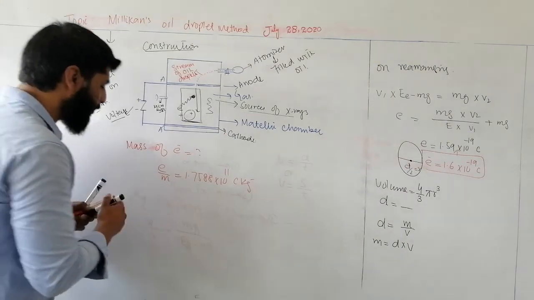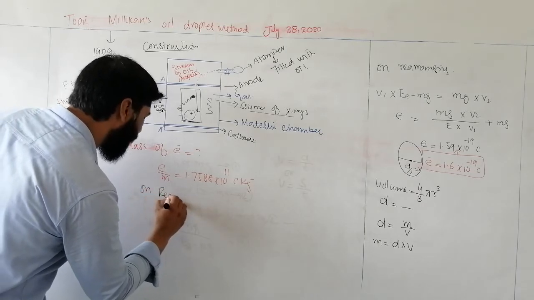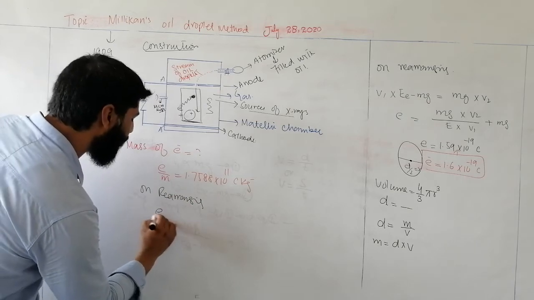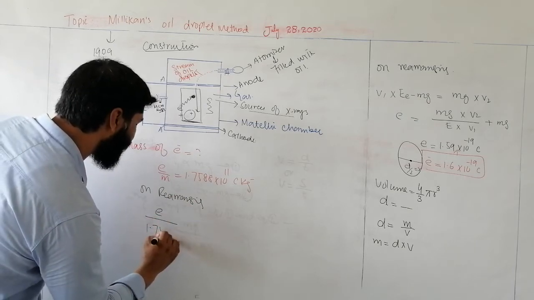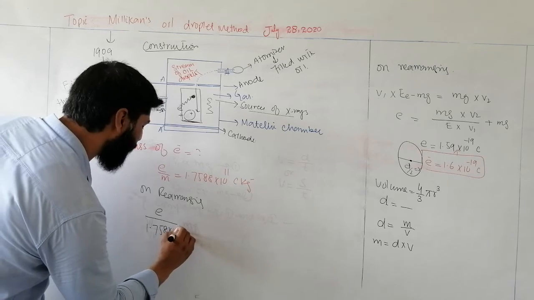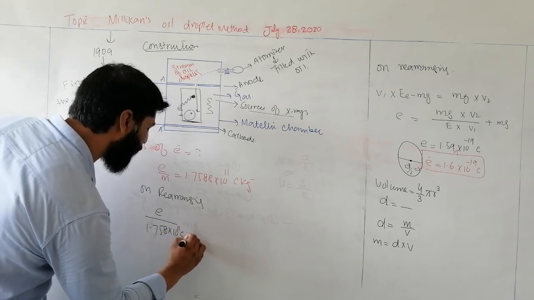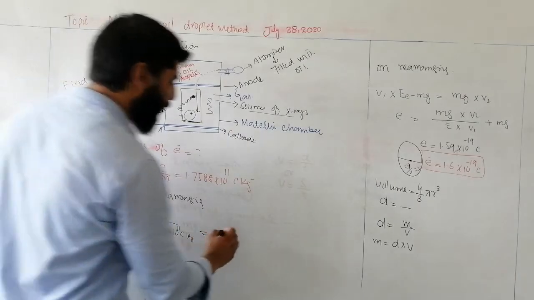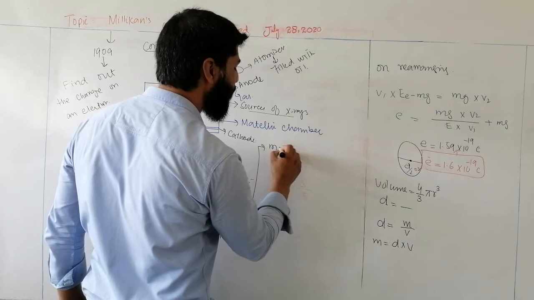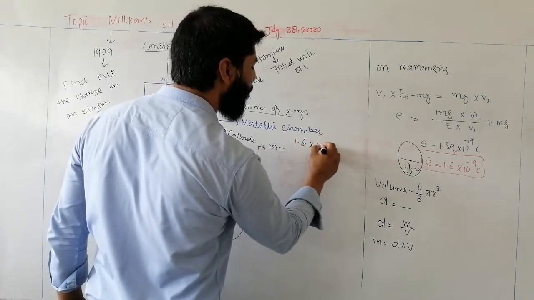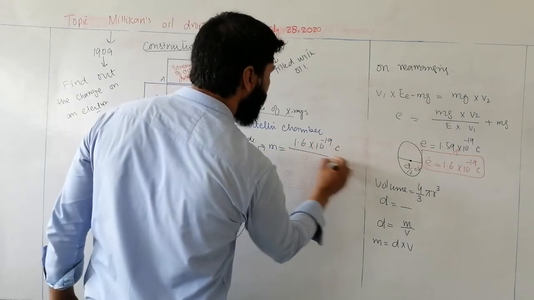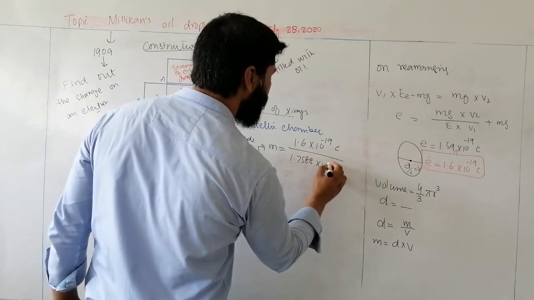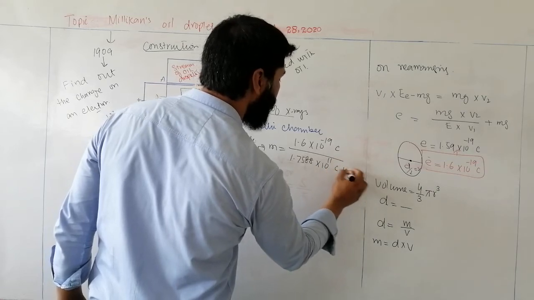On rearranging this equation, we will get e upon 1.7588 into 10 raised to the power 11 coulombs per kilogram is equal to mass. Now by putting the value of e, we will get m is equal to 1.6 into 10 raised to the power minus 19 coulombs divided by 1.7588 into 10 raised to the power 11 coulombs per kilogram.